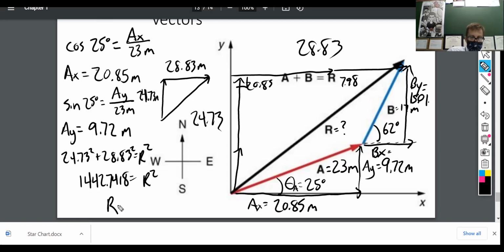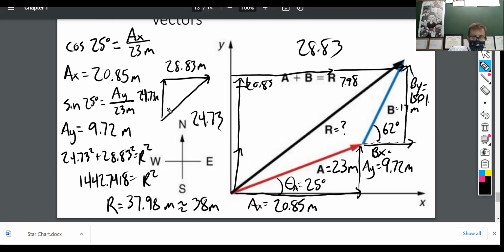And so the value of R is about 37.98 meters. That's the calculator value. And I would probably just round that to 38 meters, because if I go 23 this way and 17 that way, I've really traveled 38 meters, but in what direction? I still haven't solved for the direction of this vector right here.